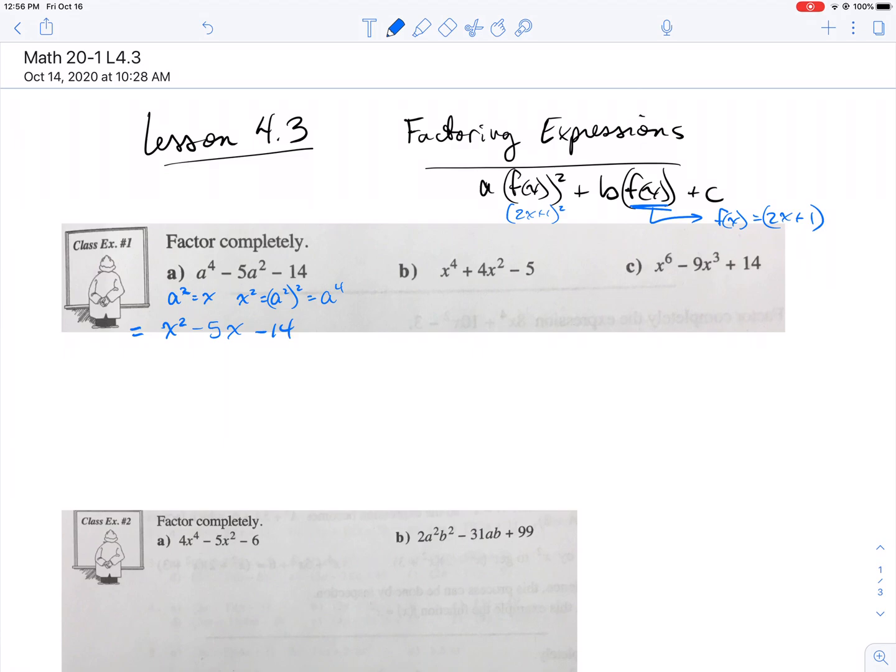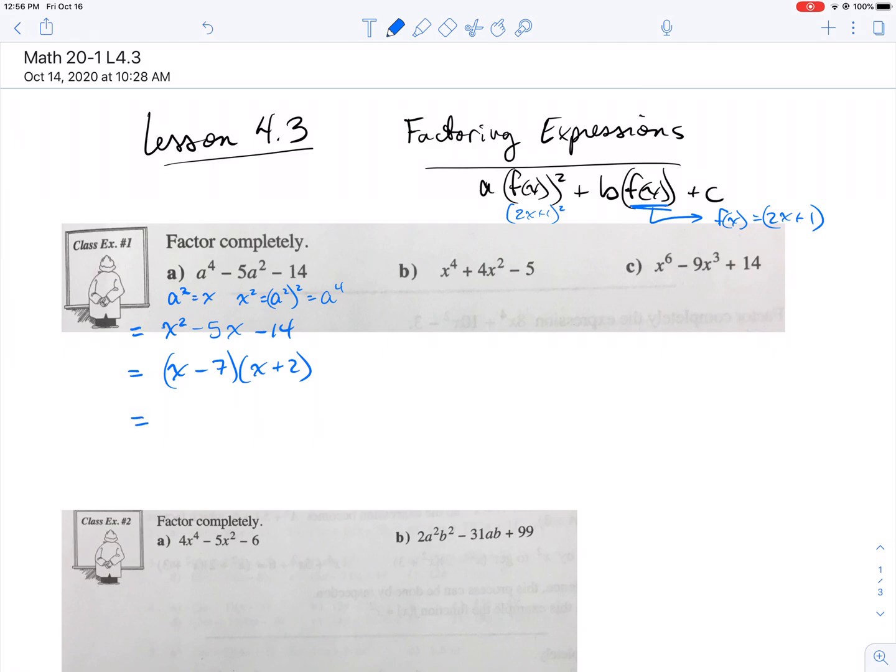Now, you don't have to use the substitution. I'm using the substitution to explain how this works. So I replaced my a squared with x and my a to the 4 with x squared because they're equal. Now I can factor x minus 7, x plus 2.